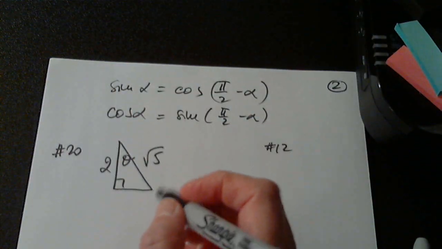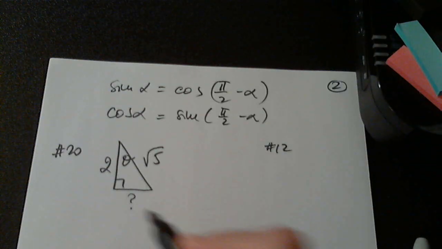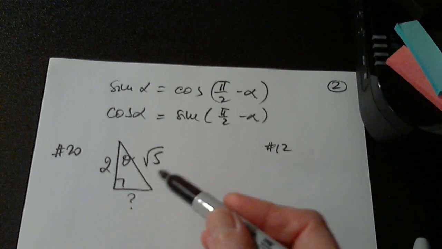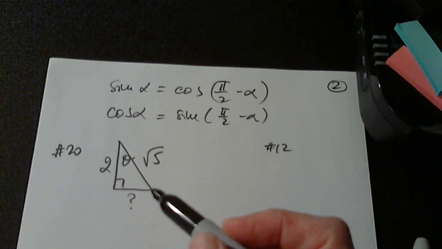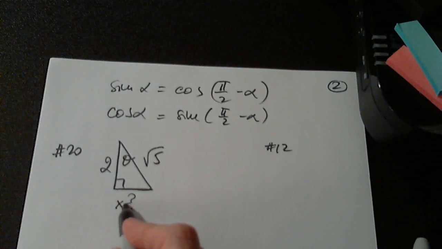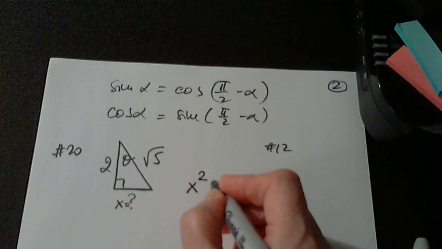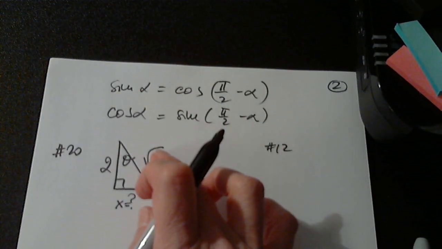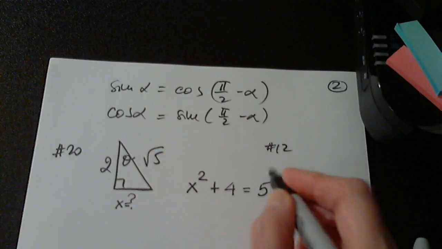So we do have to determine this leg, but there is no problem because we have the Pythagorean theorem. Again, please, one leg squared, I'm going to call it x, plus the other leg squared equals the hypotenuse squared.